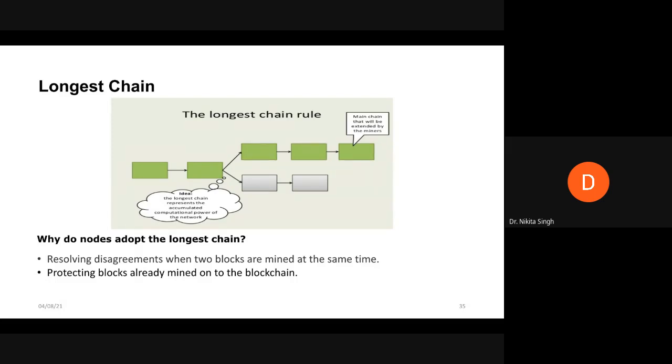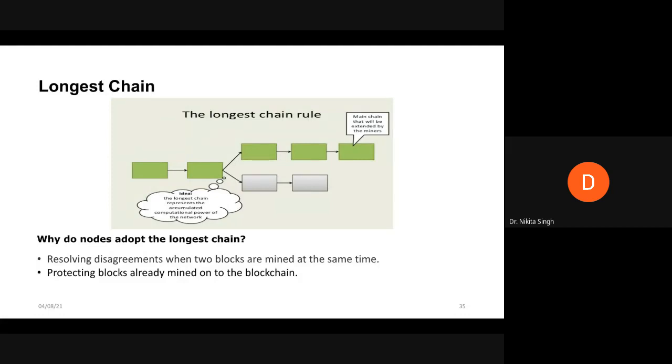But as soon as one branch grows longer than the others, specifying that that branch has performed a larger amount of proof of work, all miners present on the Bitcoin blockchain need to switch to that branch. So here we allowed both these branches to grow. Your Bitcoin proof of work consensus has one simple rule: you don't do anything, you allow both of these branches to grow.